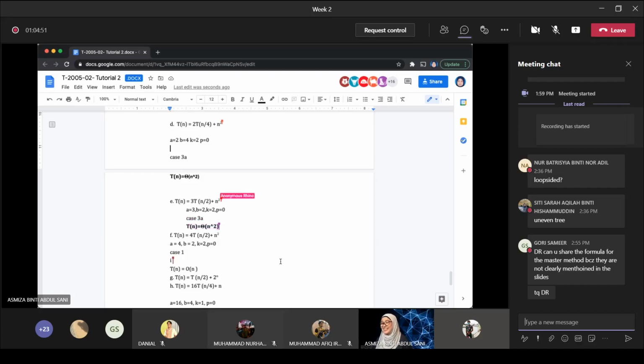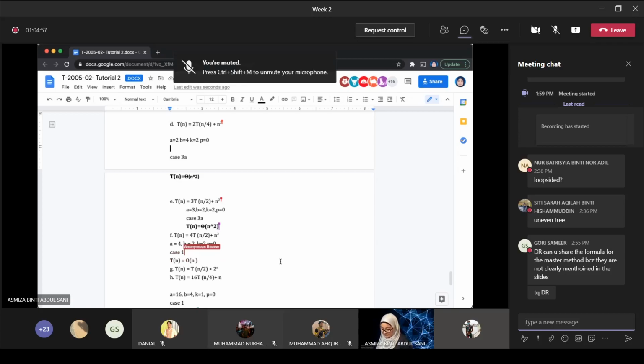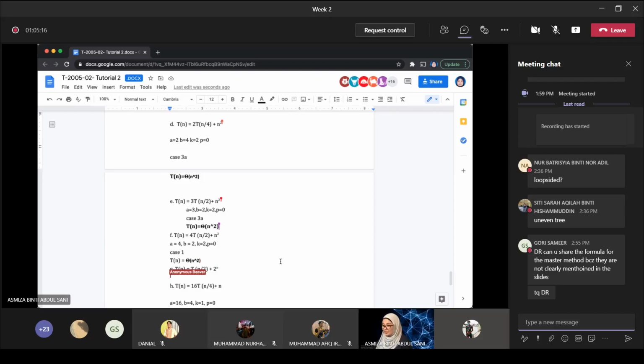What is log 4 base 2? It's equal to 2, right? Log 4 base 2. For F, I'm talking about F. N squared. Okay? N squared, and then it's not complete.